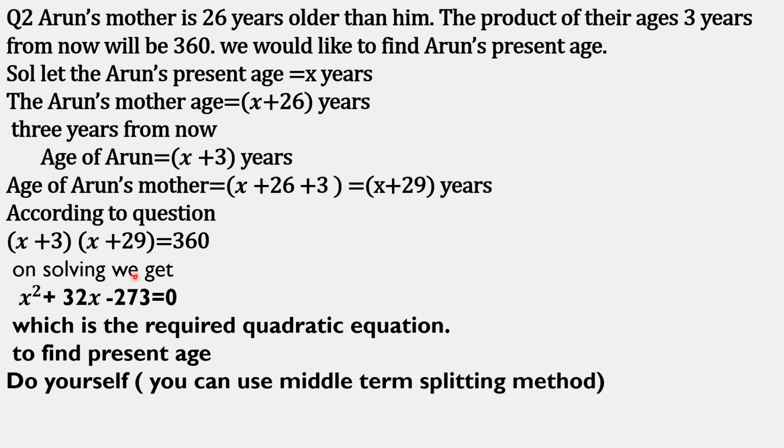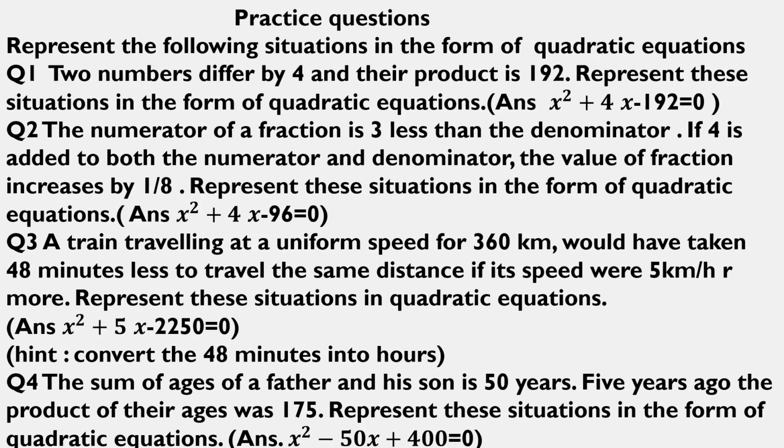On solving, here we get a quadratic equation which is equal to x square plus 32x minus 273 equal to 0, which is the required quadratic equation. Now to find the present age, you can use the middle term splitting method to find the present age of Arun.